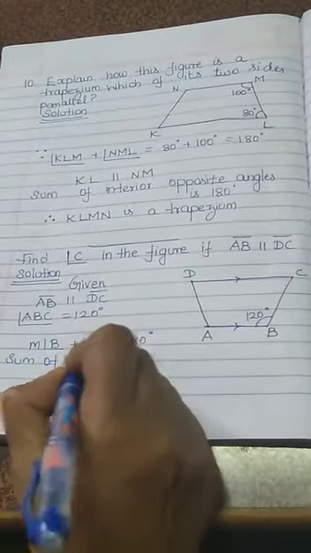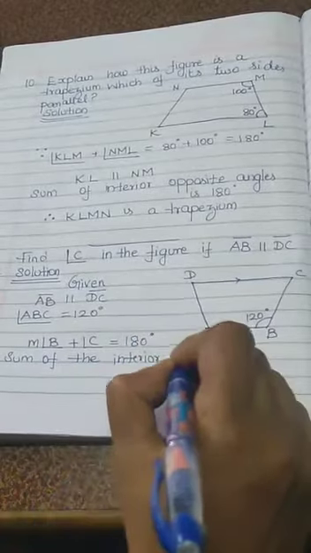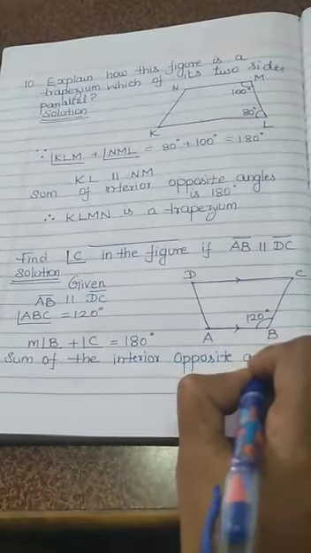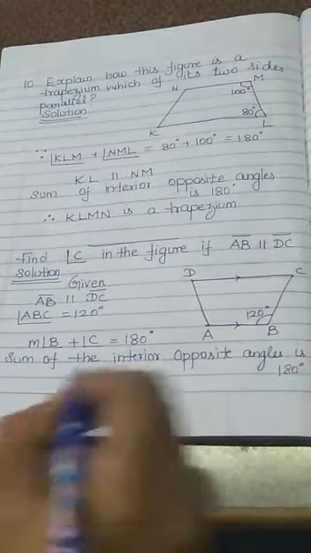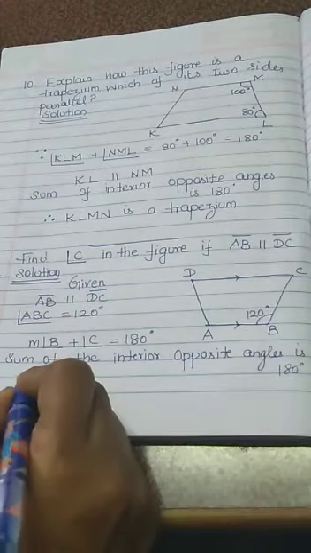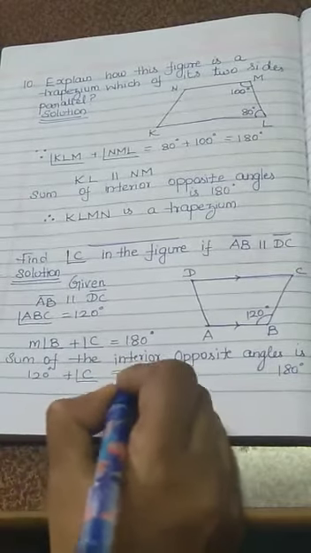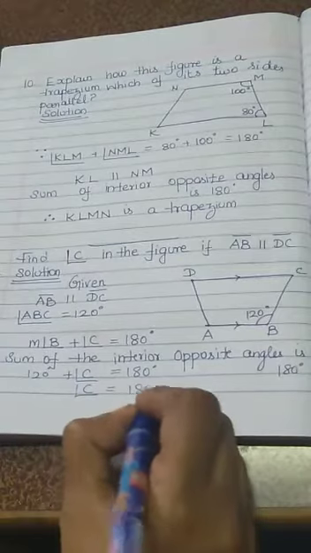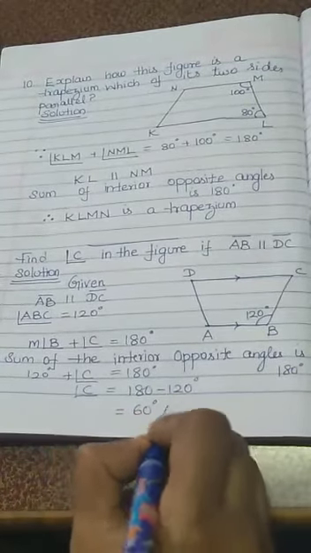Sum of the interior opposite angles is 180 degrees. Okay. So we know angle B is 120 degrees. Now apply the value. 120 degrees plus C is equal to 180 degrees. So what about angle C? That is 180 minus 120 degrees. That is 60 degrees. That's all.